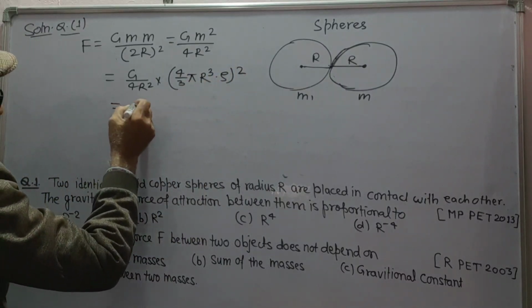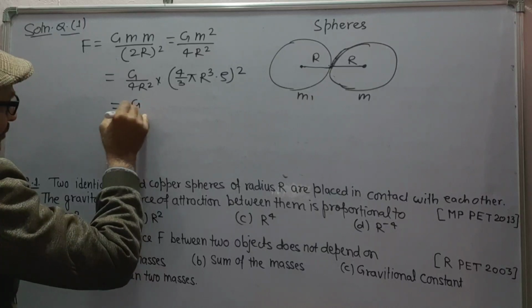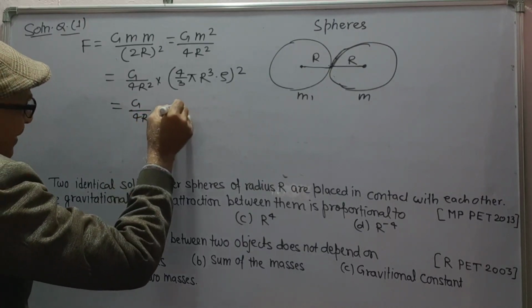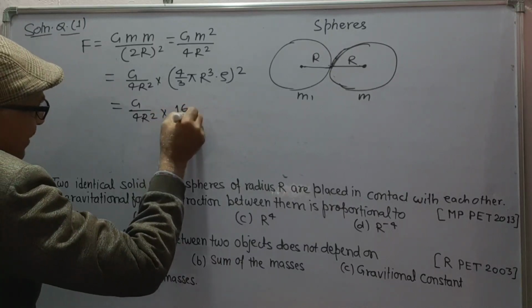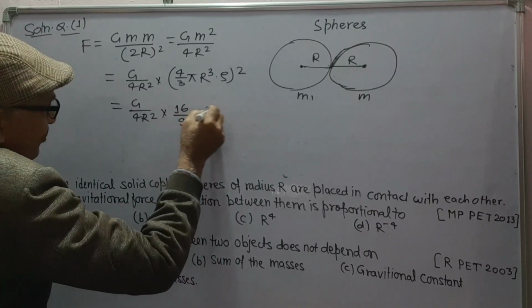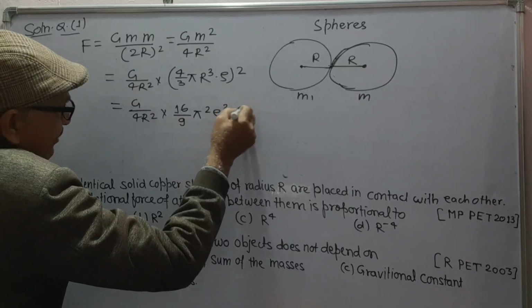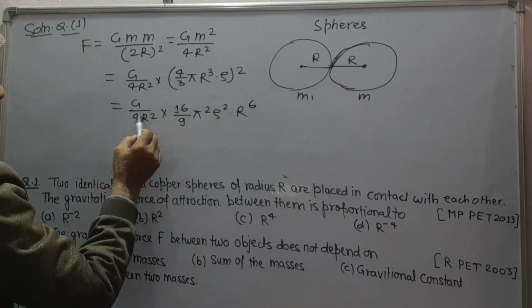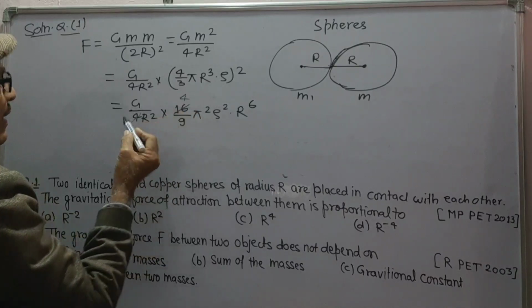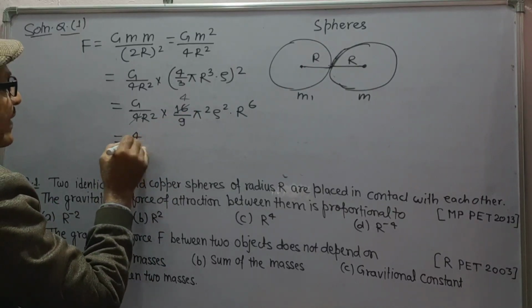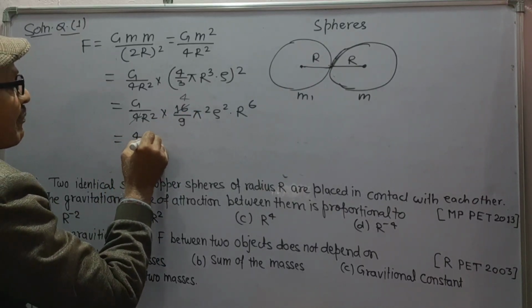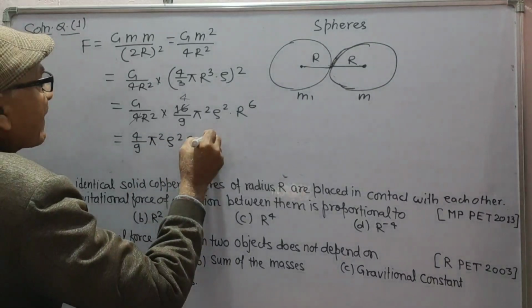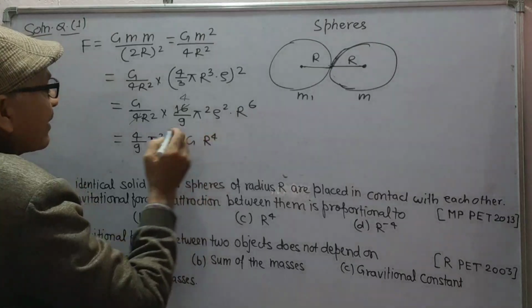It is G upon 4 r square into 16 upon 9 pi square rho square r power 6. So, it is 4 by 9 pi square rho square G r power 4.